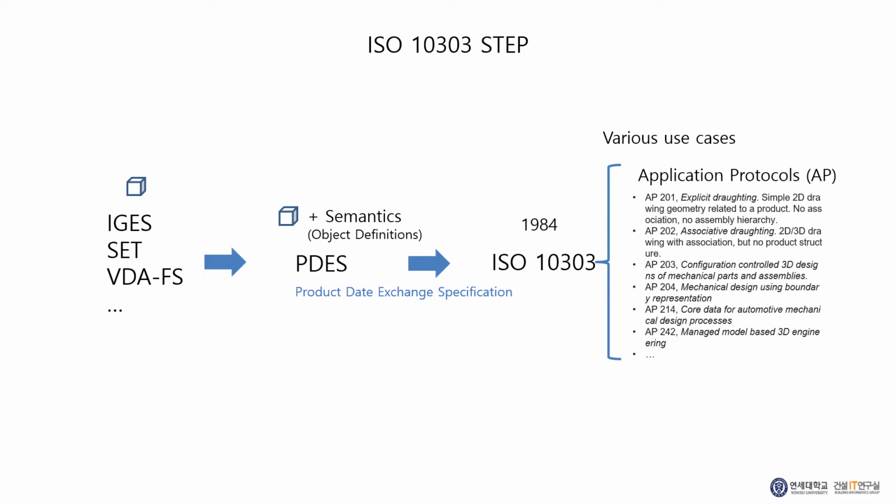Just like us, they learned that there cannot be one single data format to support all different use cases, and they referred to the different use cases as application protocols, APs. Some examples of APs include explicit drafting or associative drafting, configuration control, and 3D design of mechanical parts and assemblies. So it focuses on very specific use cases.